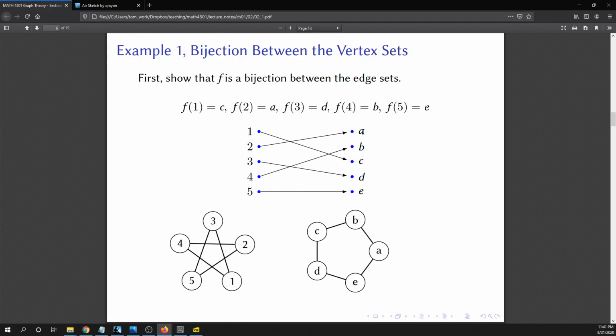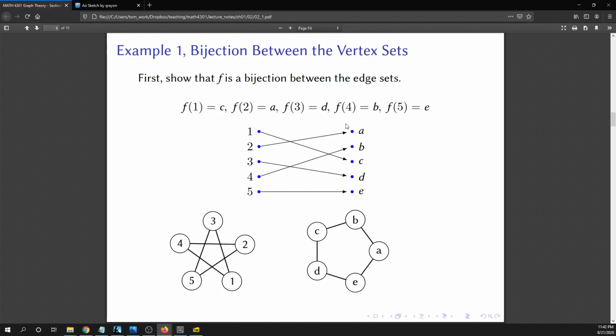Here I list the vertices of the graph H, A through E. And then I just draw the little arrow diagram. 1 gets mapped to C, 2 gets mapped to A, 3 gets mapped to D, 4 gets mapped to B, and 5 gets mapped to E.